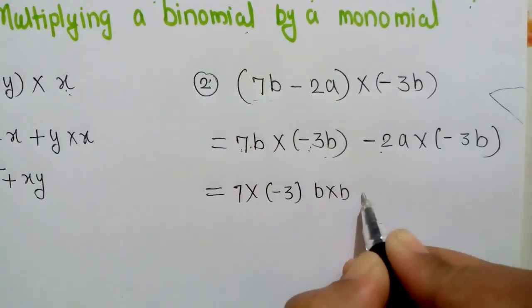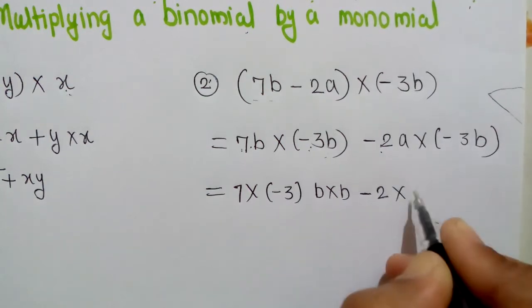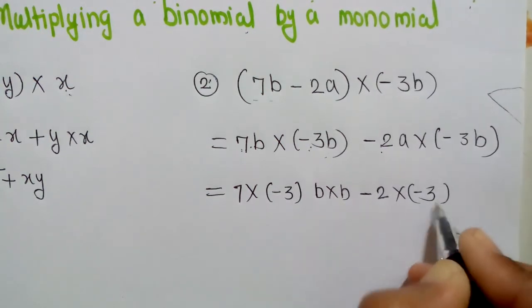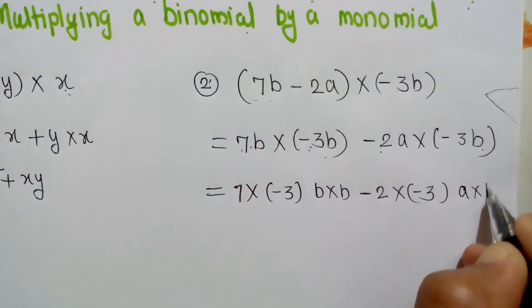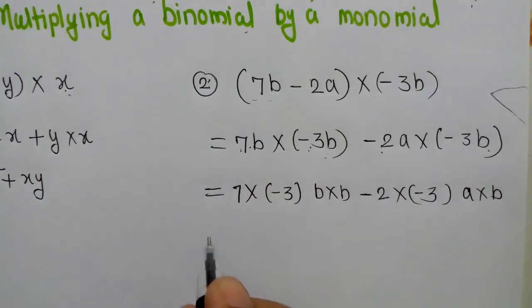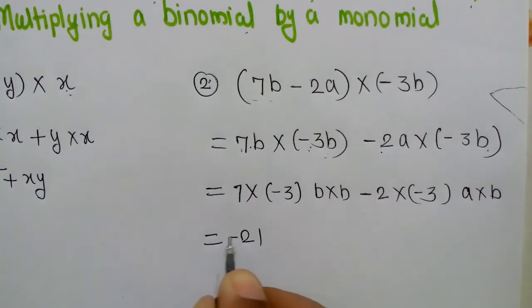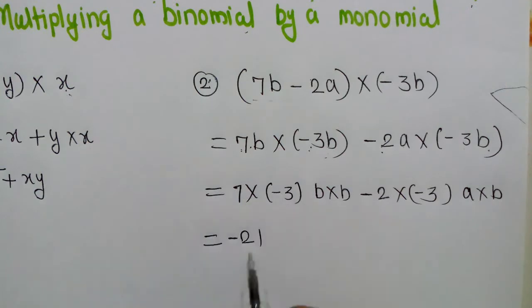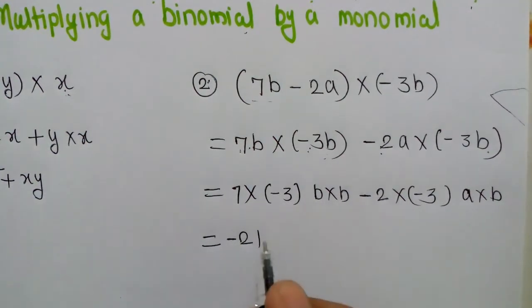Now here it will be negative 2 into negative 3, and then a into b. Now 7 3s are 21 and the sign will be minus. So it will be negative 21, and it is b into b, b square.